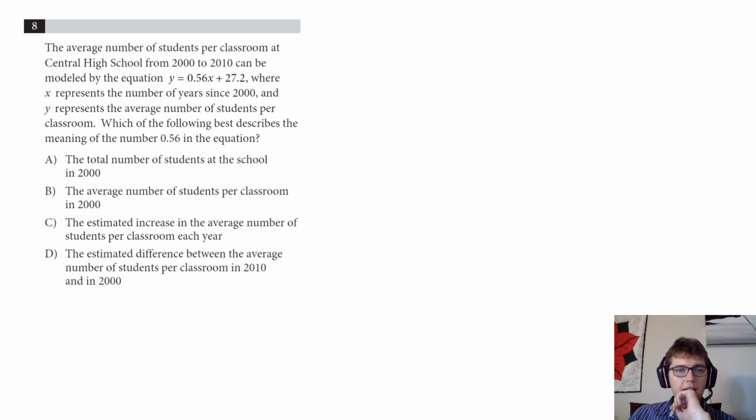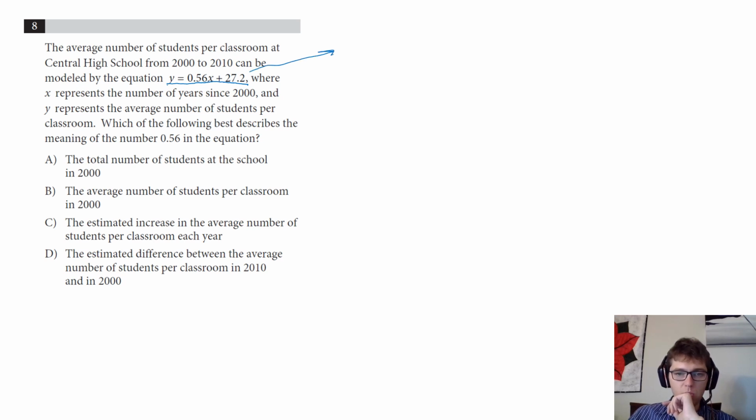Problem number 8. The average number of students per classroom at Central High School from 2000 to 2010 can be modeled by the equation y is equal to 0.56x plus 27.2, where x represents the number of years since 2000 and y represents the average number of students per classroom. Which of the following best describes the meaning of the number 0.56 in the equation? So what is this equation?